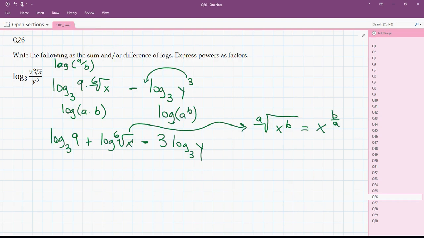Raising something to the first power doesn't really change it. So I'm going to rewrite this as log of x to the 1 over 6. Oh, and this should still be base 3. We're going to get to the 3's later as our last step to convert it. But for now, we'll just leave it like that.